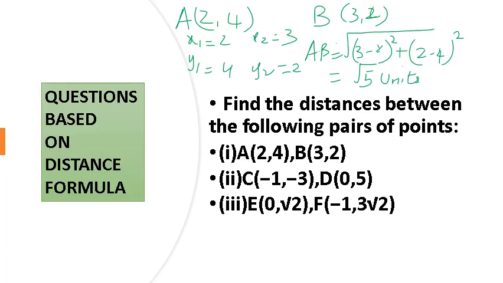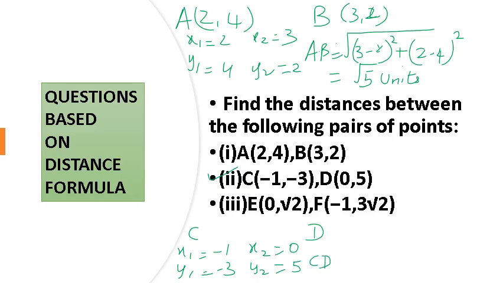Now, the second question asks to find CD. C is x1, y1, that is -1, -3, and D is x2, y2, that is 0 and 5.